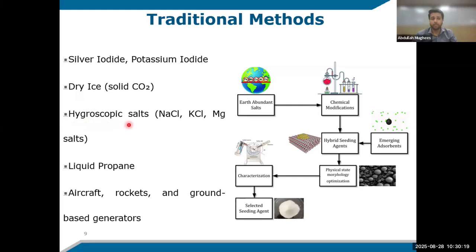Then we have these hygroscopic salts, which are sodium chloride, potassium chloride, magnesium salts. We can use them as chemical agents as well. We can use liquid propane, aircraft, rockets, and ground-based generators. All of them can be used for this artificial rain.